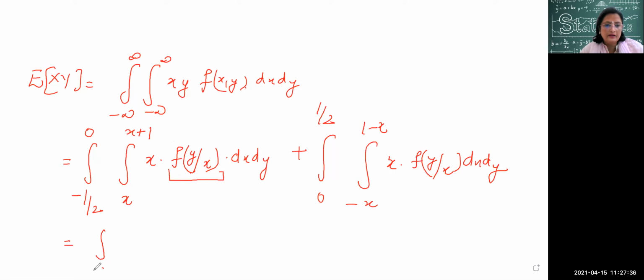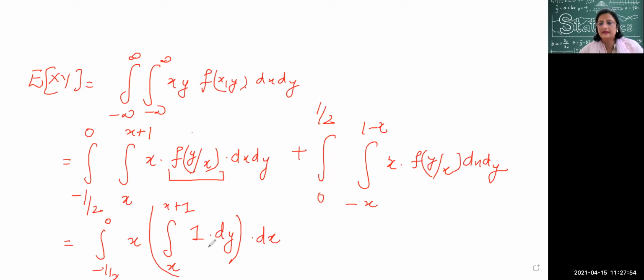So you will write here -1/2 to 0. राइट. अब x आप बाहर ले लेंगे क्योंकि पहले आपने y को सॉल्व करना है, x to x plus 1. ठीक है जी. इसकी वैल्यू मैंने लगा दी 1 with respect to y क्योंकि ये लिमिट्स किसकी हैं? y की. अब यहाँ मेरा dx है, तो बस ये ब्रैकेट्स का जो है आपने ध्यान रखना है because we have given y as dependent and x as independent. प्लस सेम हियर 0 to 1/2. यहाँ पे x आपका बाहर, -x to 1 minus x.